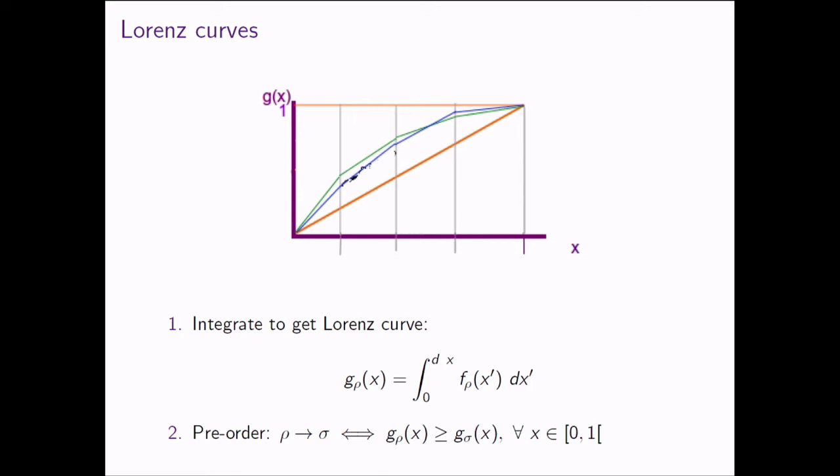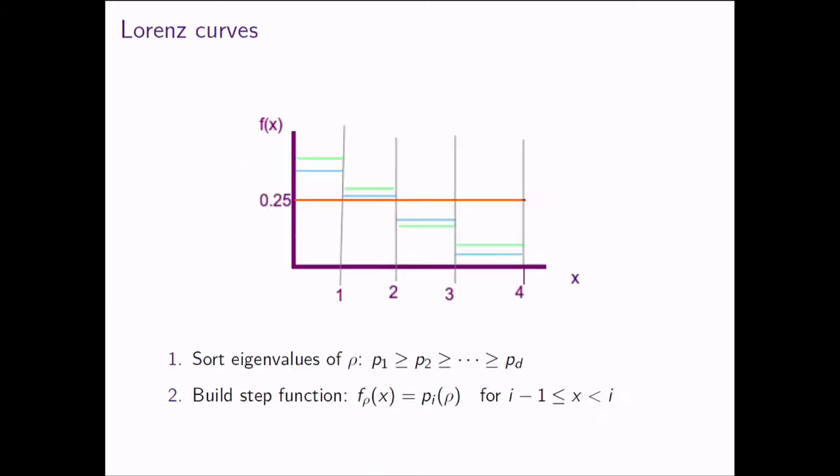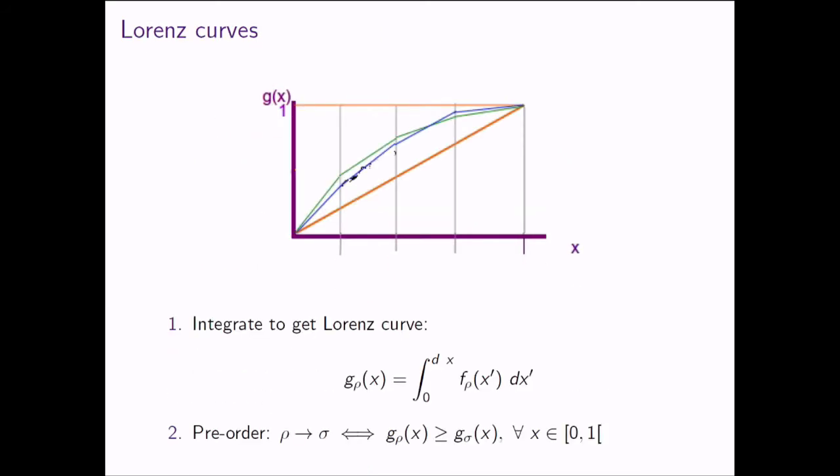So for example, you can transform the green state into the orange state, because it's completely above it. So this condition corresponds to this condition here. But for example, you cannot transform this green into the blue, nor can you transform the blue into the green in this simple case. Okay?